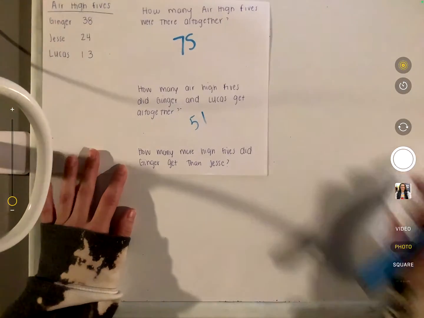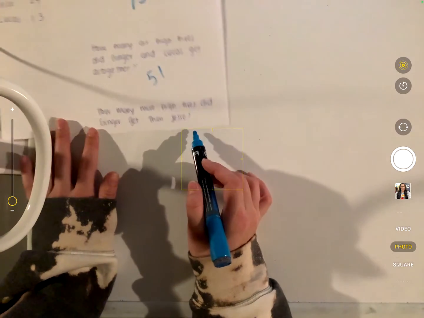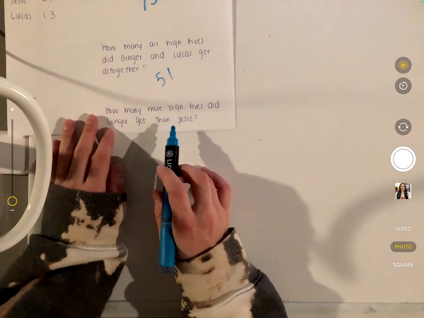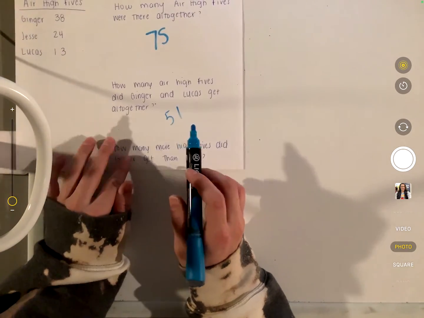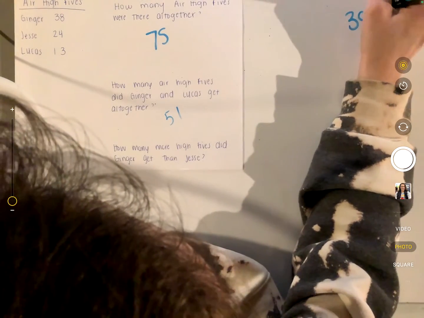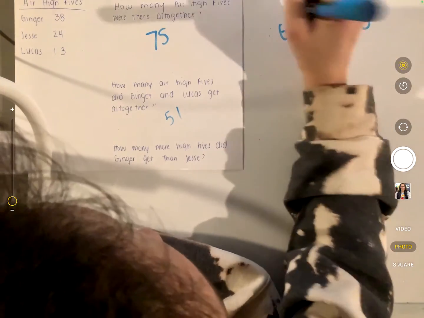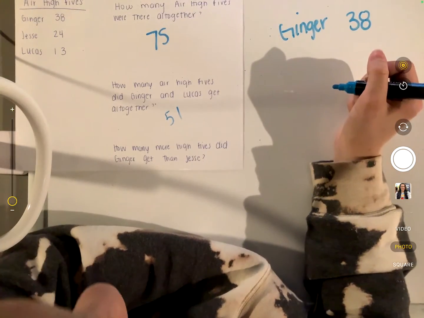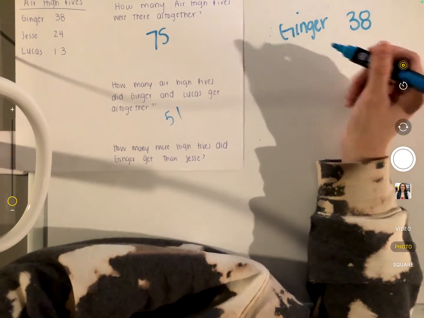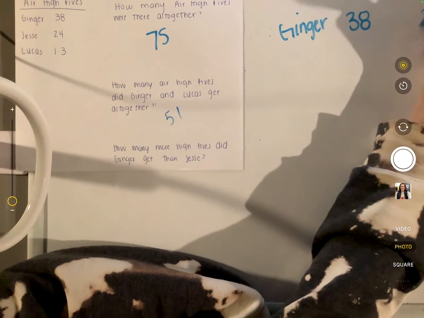Okay, now, this one's the tricky one. How many more high fives did Ginger get than Jesse? So, we know that Ginger got 38 high fives, right? Ginger got 38 high fives, okay? Then, we know that Jesse got 24 high fives.